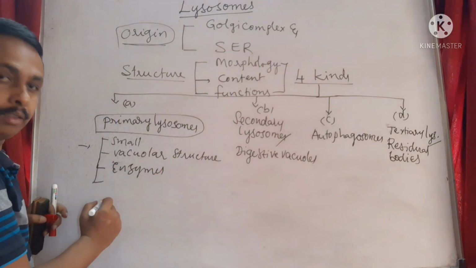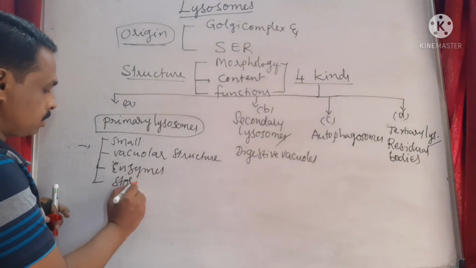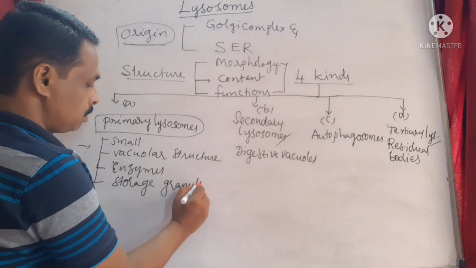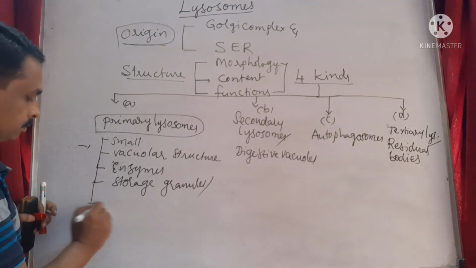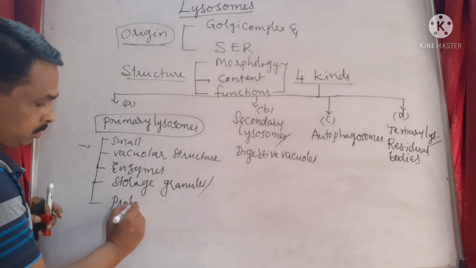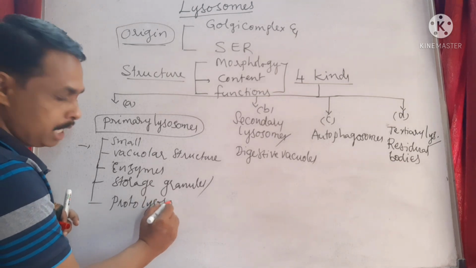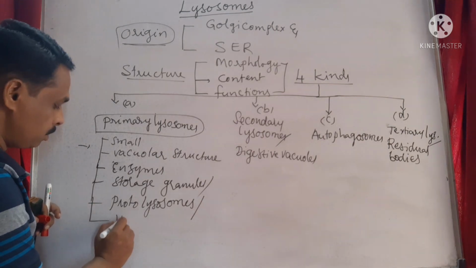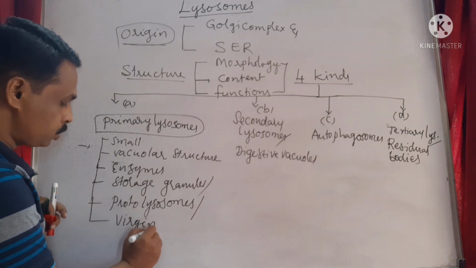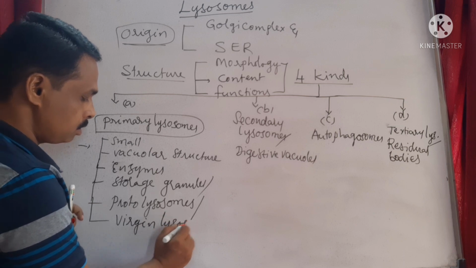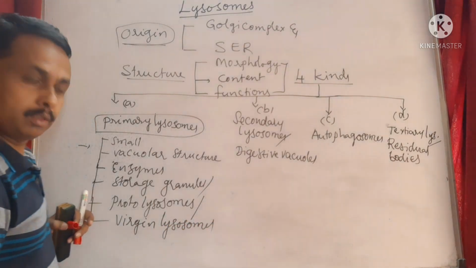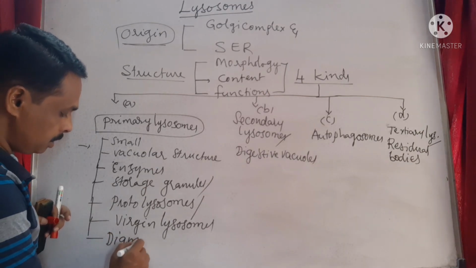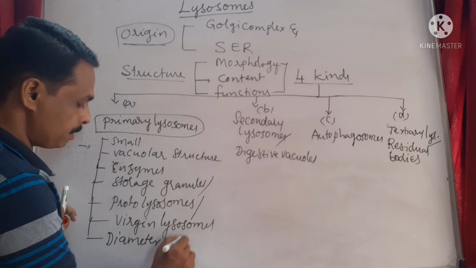These are also called storage granules, protolysosomes, or virgin lysosomes.